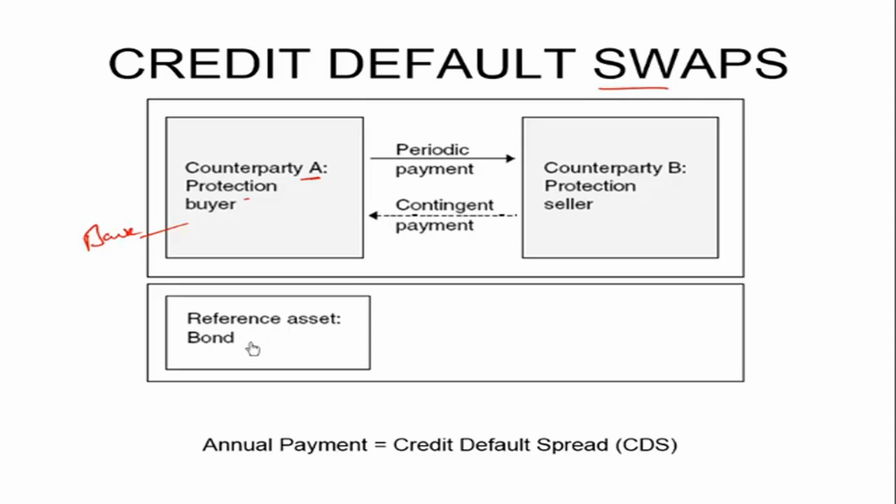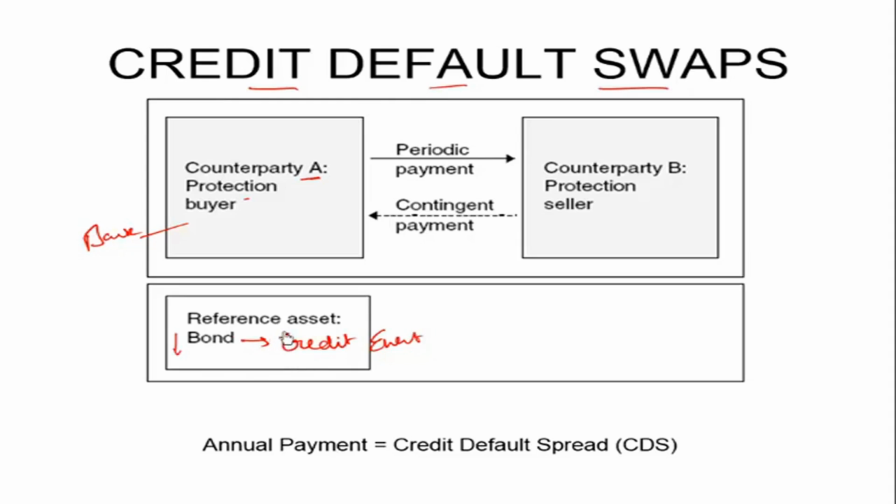If the value of this bond goes down because of a credit event, very important, the value of the bond can also go down because interest rates go up. We're not talking about that. The loss in value because of a credit event is what will be covered by a credit default swap.